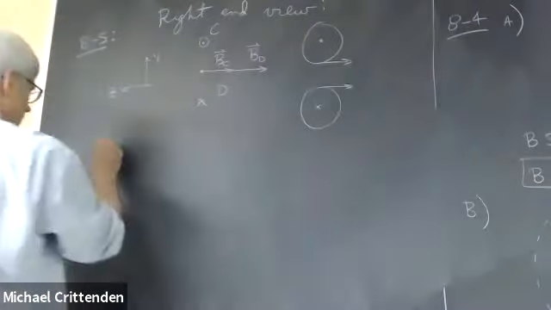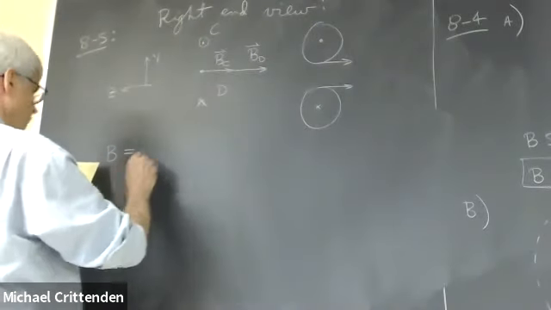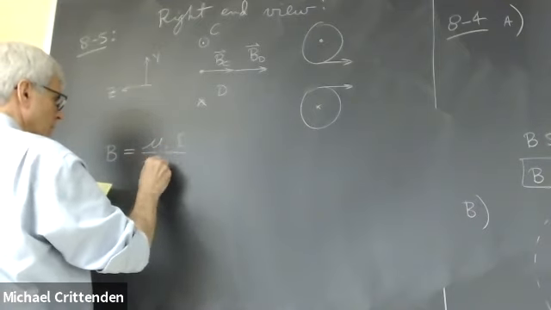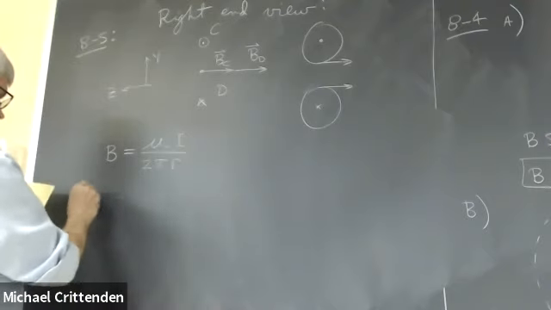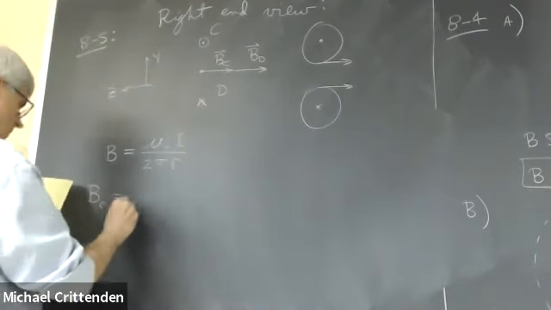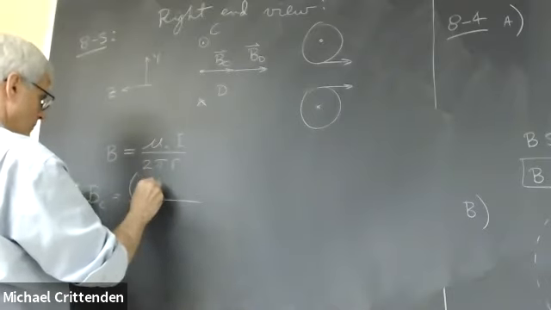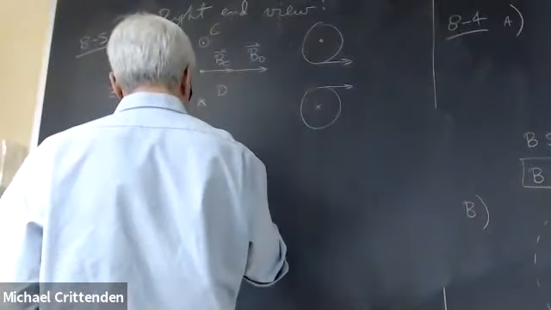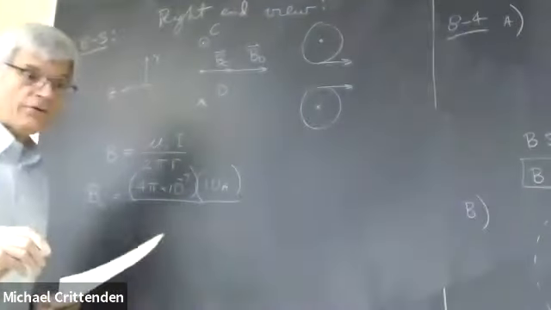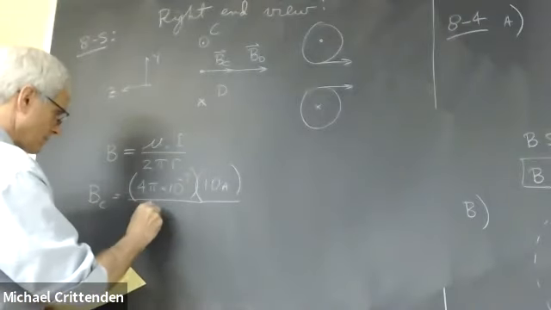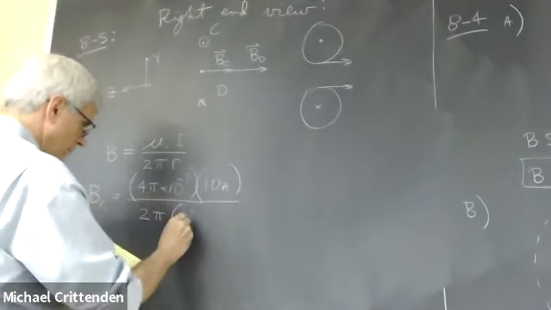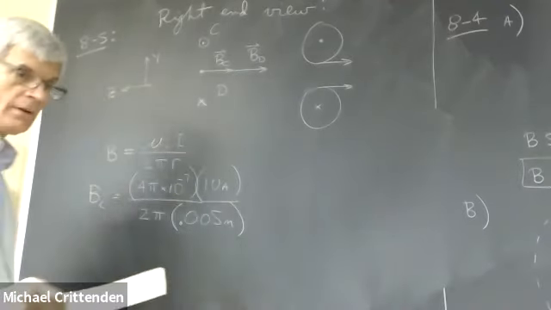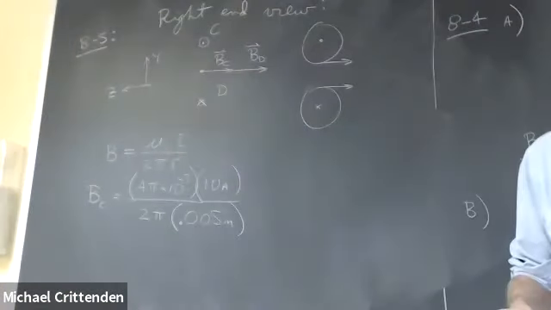Both of them are given by the expression that was the answer to problem number 1. So for C, there's 10 amps in that wire, and it's located 5 millimeters from the point we're interested in.